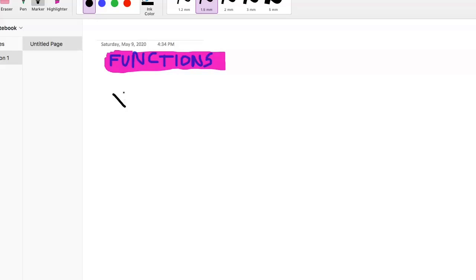So here's a question. I've got x divided by, we'll put this in parentheses, x squared plus 6x plus 9.